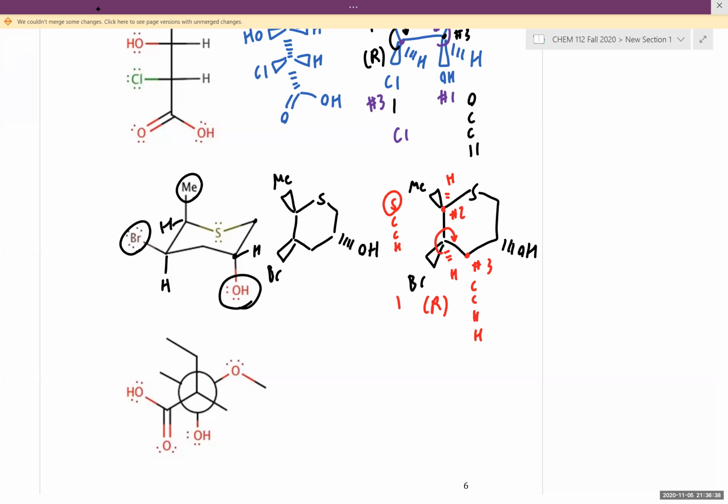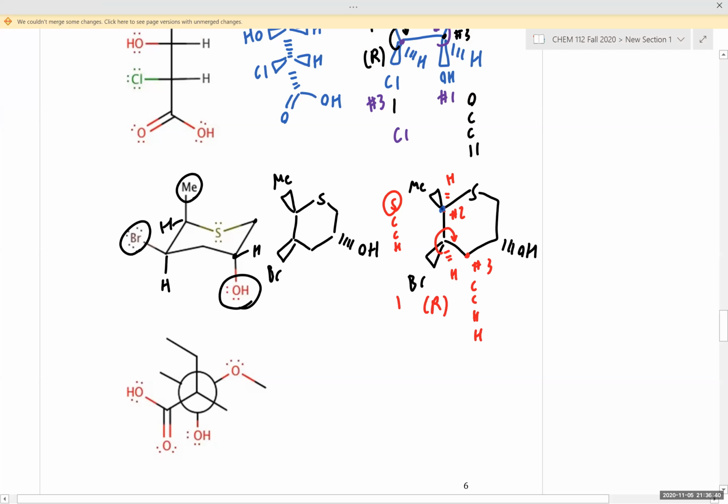Now for the methyl stereocenter, we have sulfur, which is priority 1, a carbon attached to the bromine, which is priority 2, and a carbon that just has hydrogens, that's priority 3. Tracing. One moment, allow me to reload OneNote. Oh, never mind.